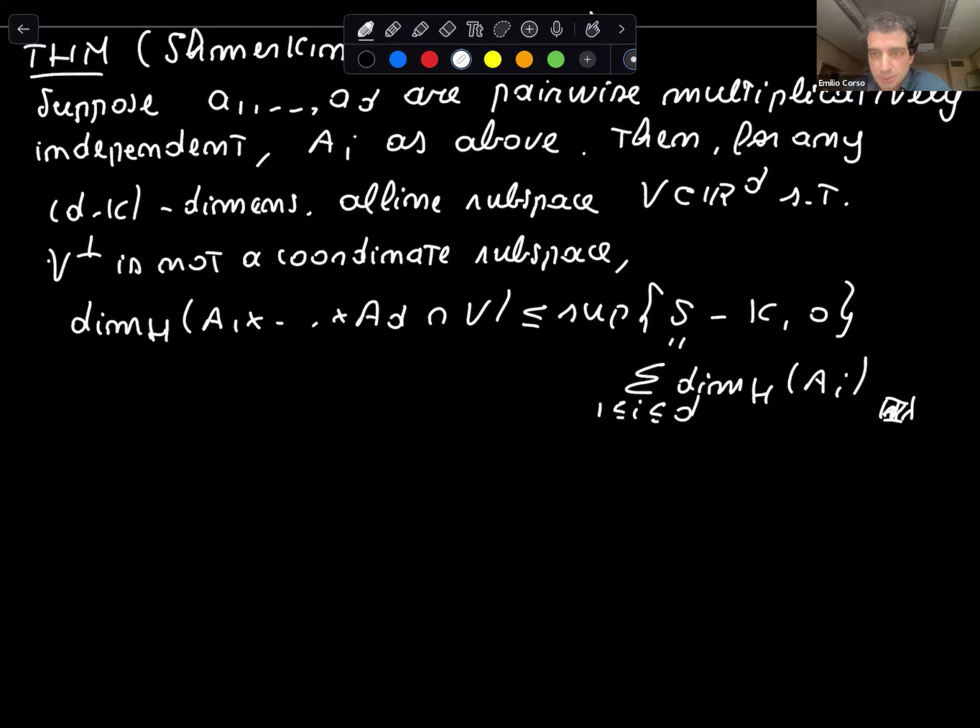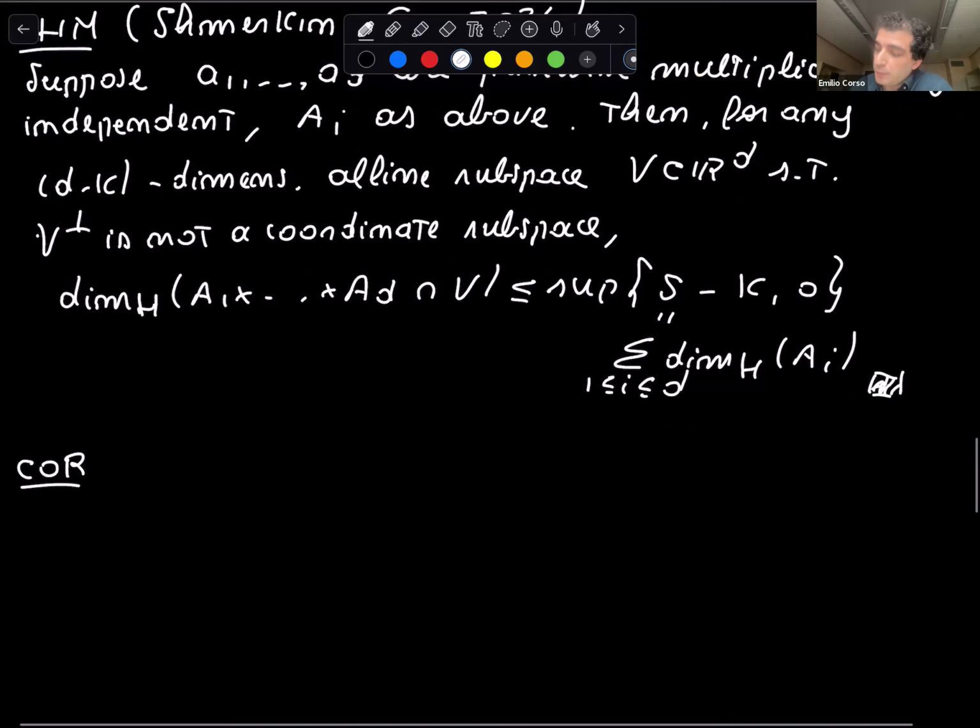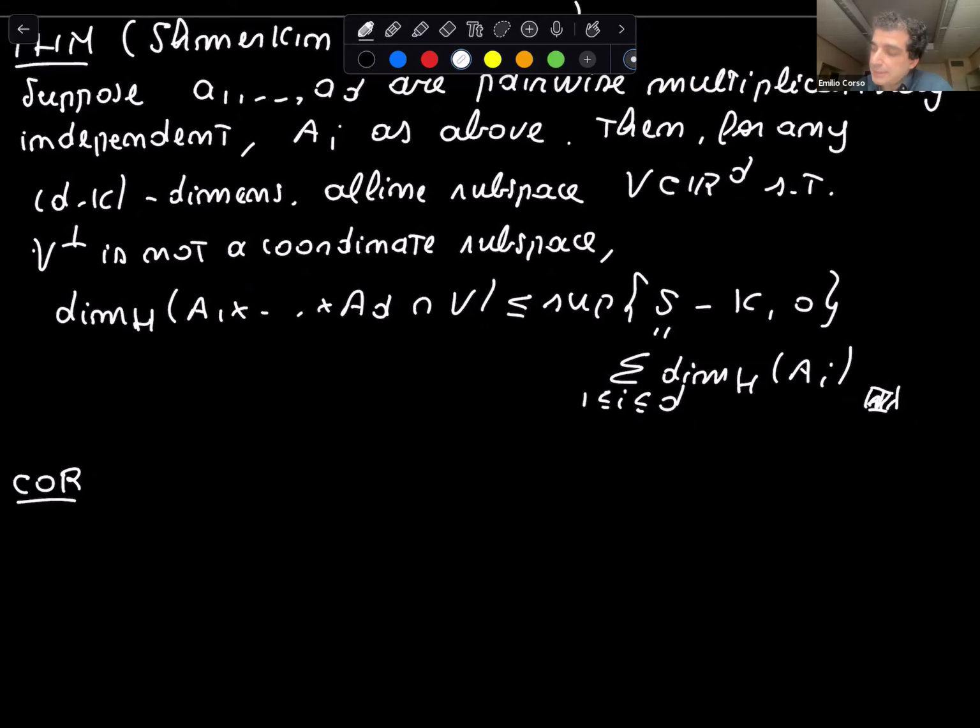Let me just content myself with this qualitative statement and directly mention the corollary, which is the direct generalization of Furstenberg's intersection conjecture. If you apply this to the case k equal to d minus 1, you get intersection with lines.